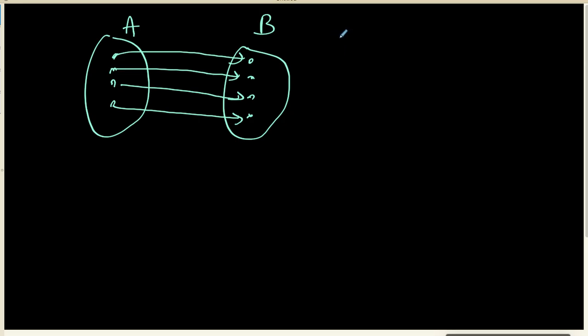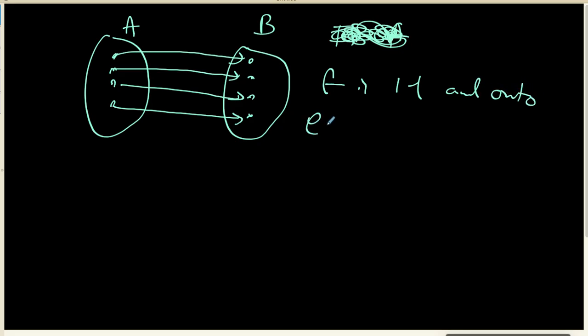So when we've got finite sets, A and B will have the same number of things. We'll look at that in a little bit. But in terms of arrows, f being one-to-one and onto means each b has exactly one incoming arrow.